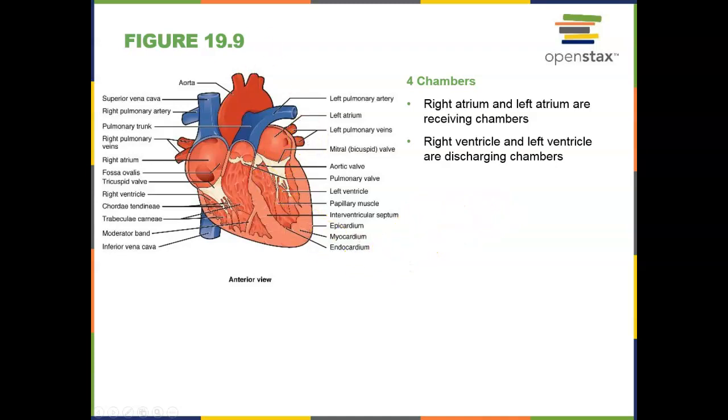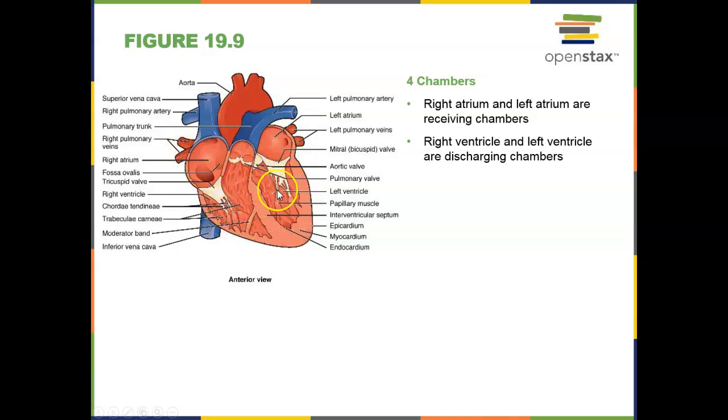There are 4 chambers to the heart. We have a right atrium and a left atrium, and we have a right ventricle and a left ventricle. The atria are considered receiving chambers. They take in blood from either the system through the vena cava or from pulmonary circulation through the four pulmonary veins.